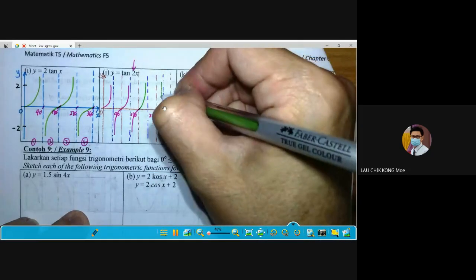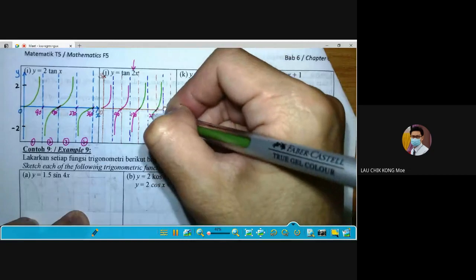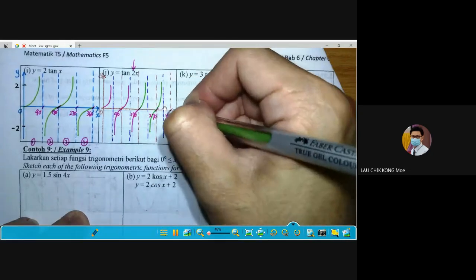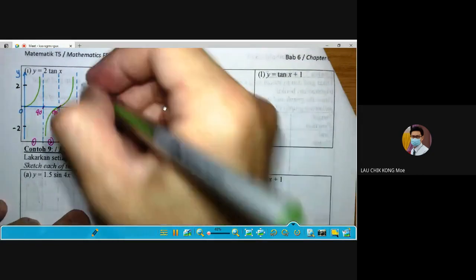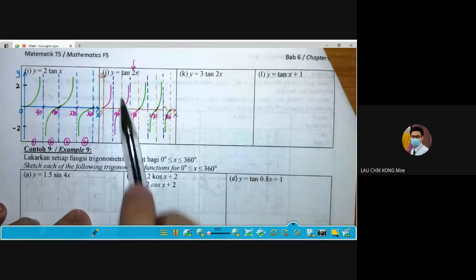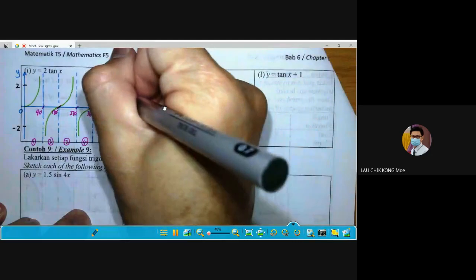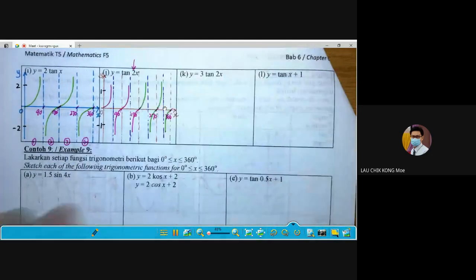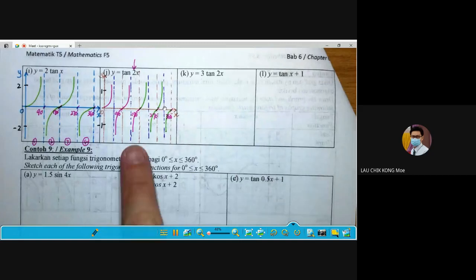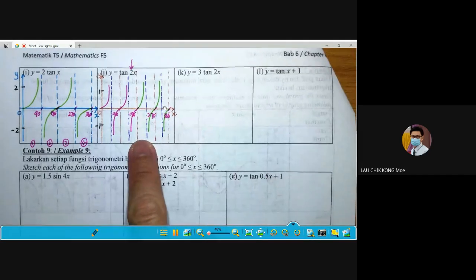Tengok dia memang sambung 5 and 7 and 6 dengan 8. So 2 period. Amplitude di sini 1 lah sebab dia tak ada tangent itu tak ada maksudnya 1. So letak mana-mana 1 lah. 1, negative 1. Okay. Tapi atas bawah 1, negative 1 mesti seragam lah. So ini 2 period. 2 ayunan.